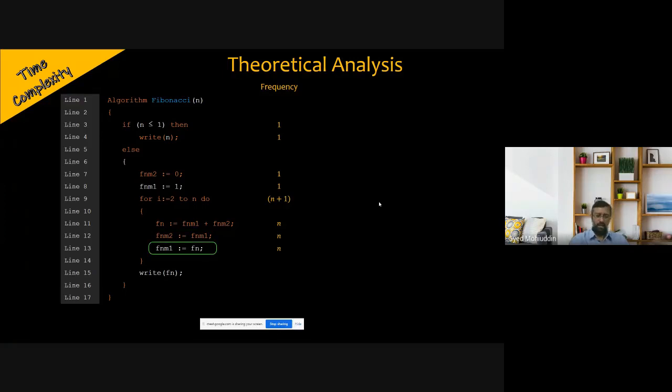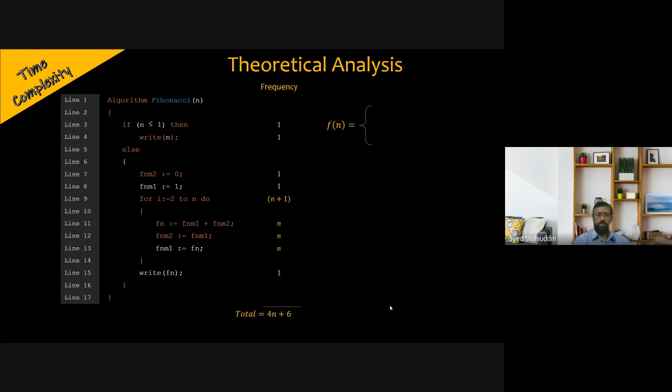And the line 13 statement is also within the for loop, so it's also going to run n times. Then we print the result, whatever it is. It's going to execute only once. So if this is computing the nth Fibonacci number, and you compute the sum of times this executes, its total is 4n plus 6. That's the number of times these statements are executing.